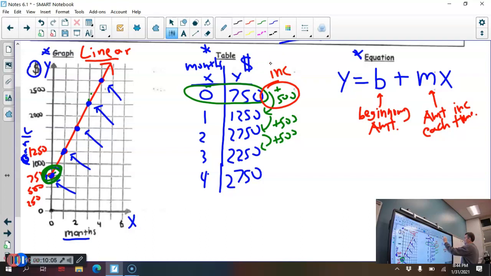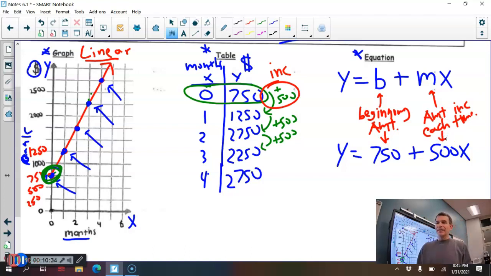So the equation here would simply be y equals the beginning amount plus how much it goes up each time, that's the m, times x. All I did was I put the beginning amount in place of the b, and I put the amount it increases each time in place of the m in my little formula there. And I have now written an equation.